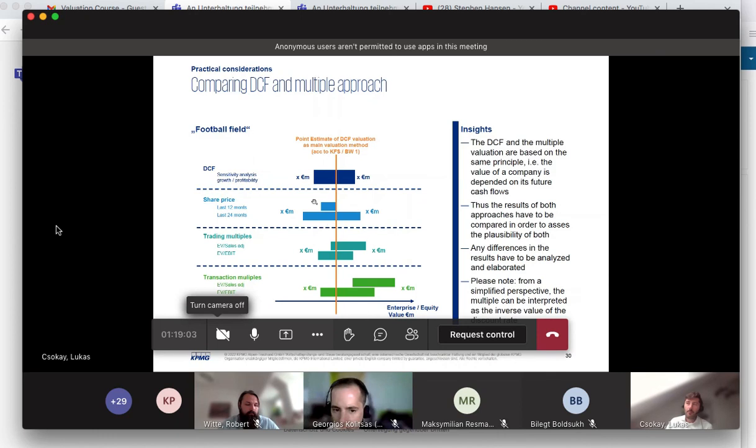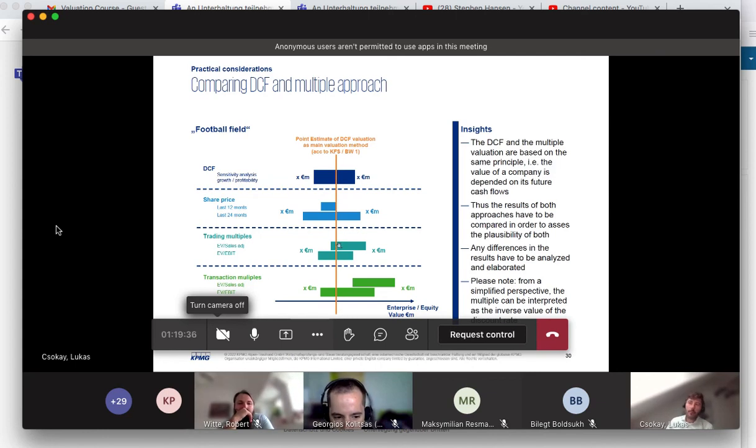If you have a share price, and you all do for the case study, then it's always good to compare your value conclusion, your DCF result, for example, with the share price. And also we calculated here trading multiples, adjusted EV sales multiples, adjusted using the adjustment approach Robert showed you before, and also EBIT multiples for both trading and transactions.